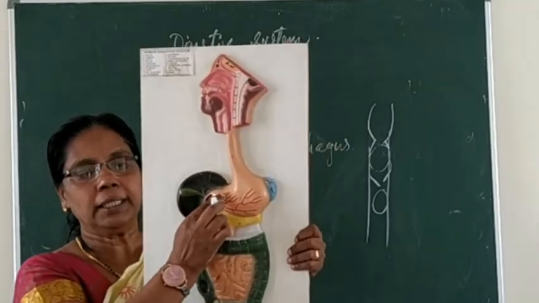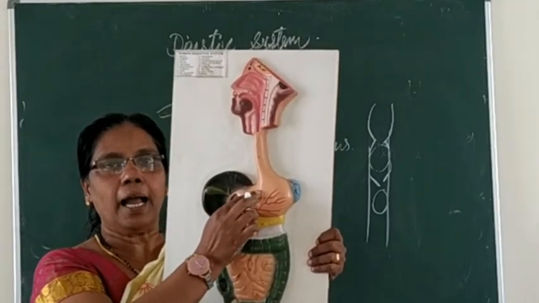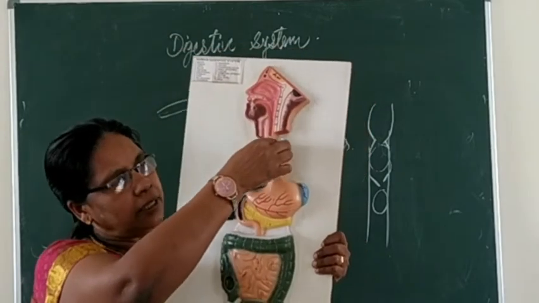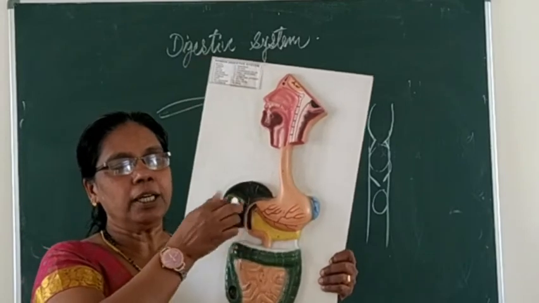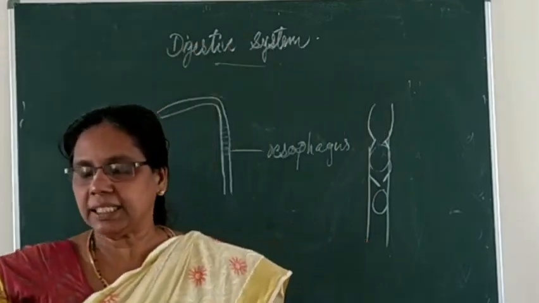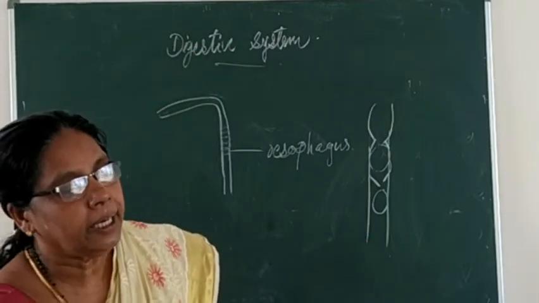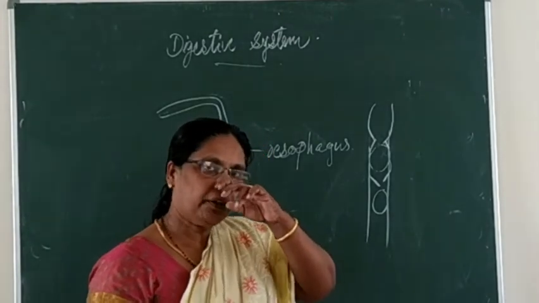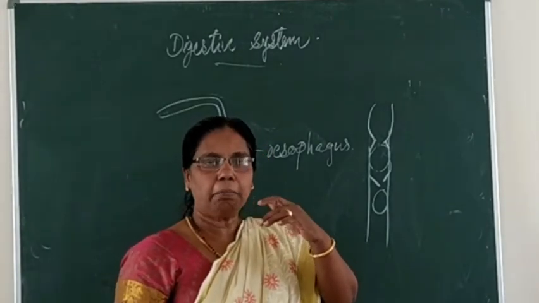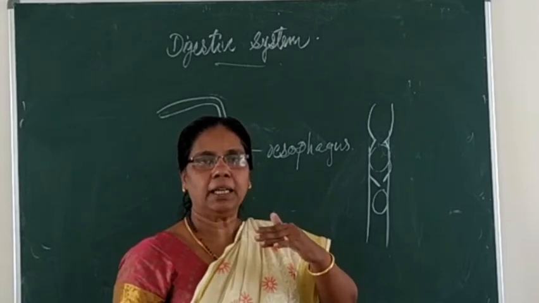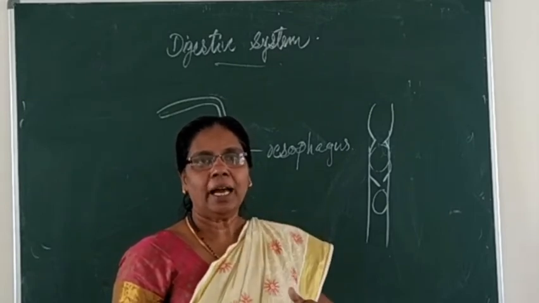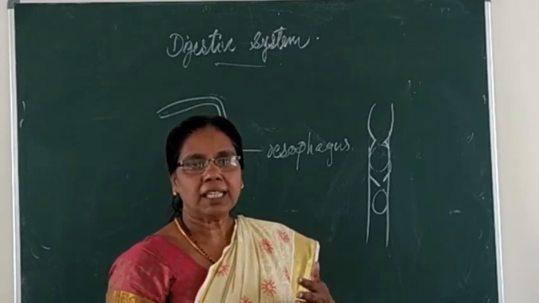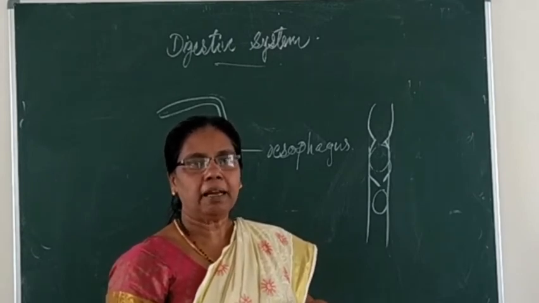Here you can see a muscular bag, that is called as what? Stomach. From the esophagus, food now reaches the stomach. It is an elastic bag that is located below the diaphragm. What is diaphragm? Yes, diaphragm is the muscular membrane that is separating the thoracic and abdominal cavity.